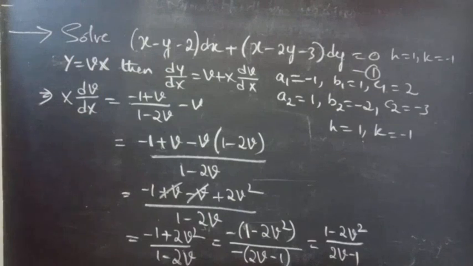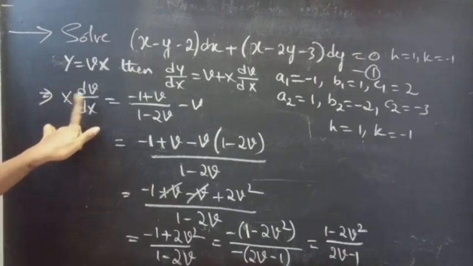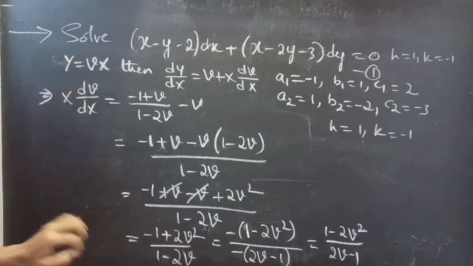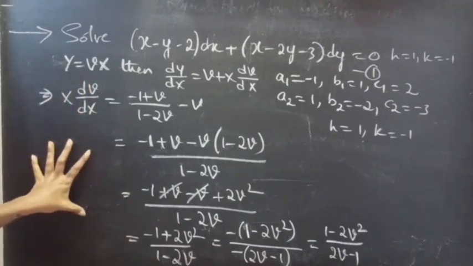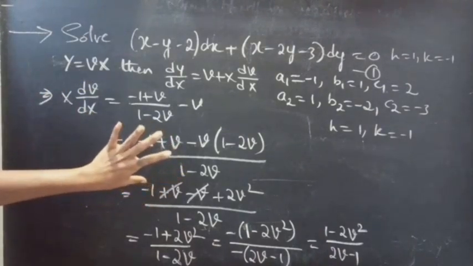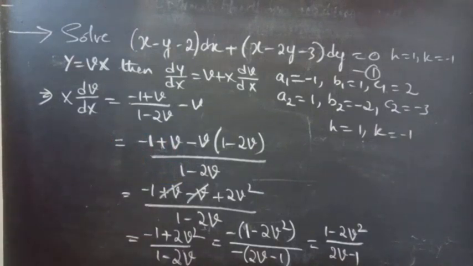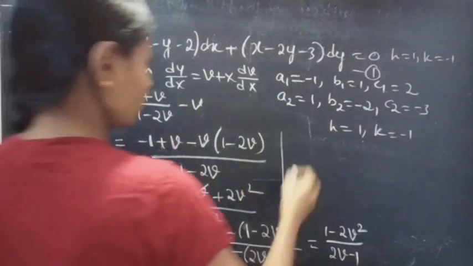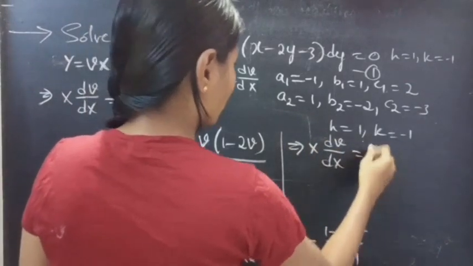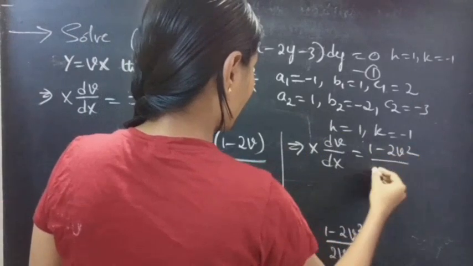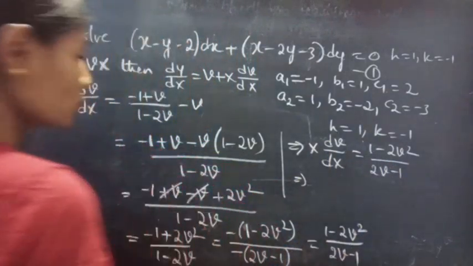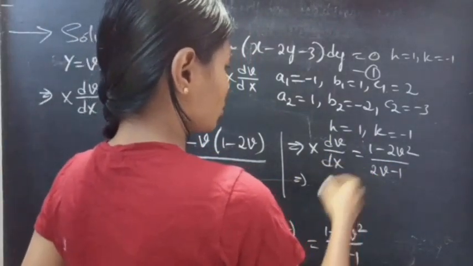Now see, in the LHS you're having x into dv by dx, right? Since you're having dv in the numerator of the LHS, we'll write functions of v and dv in the LHS, and we'll write all the functions of x and dx on the RHS. We have x into dv by dx equals 1 minus 2v square by 2v minus 1.